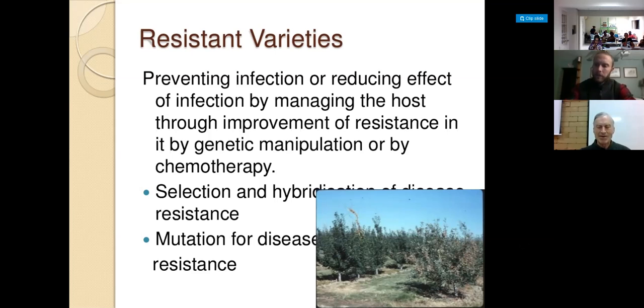Again, the example in our greenhouses: we grow varieties of tomatoes that are resistant to nematodes. And there's also a fungus disease that we get on the leaves in the greenhouse, and we choose varieties that are resistant to that mold.